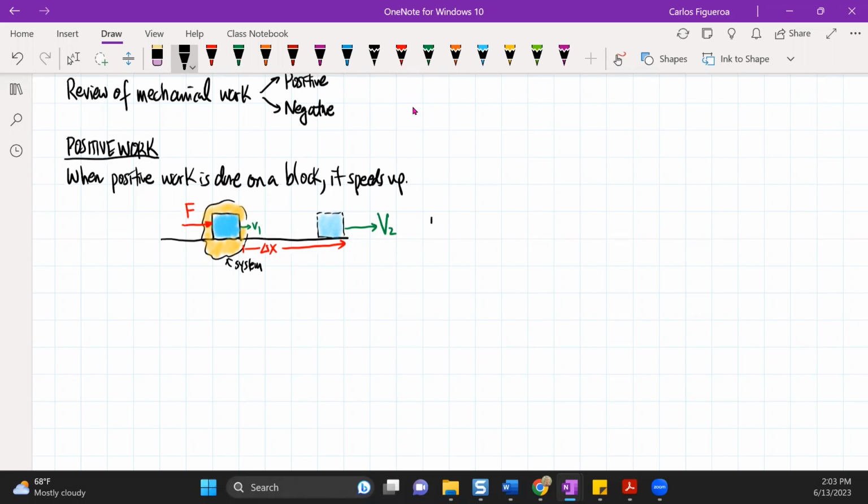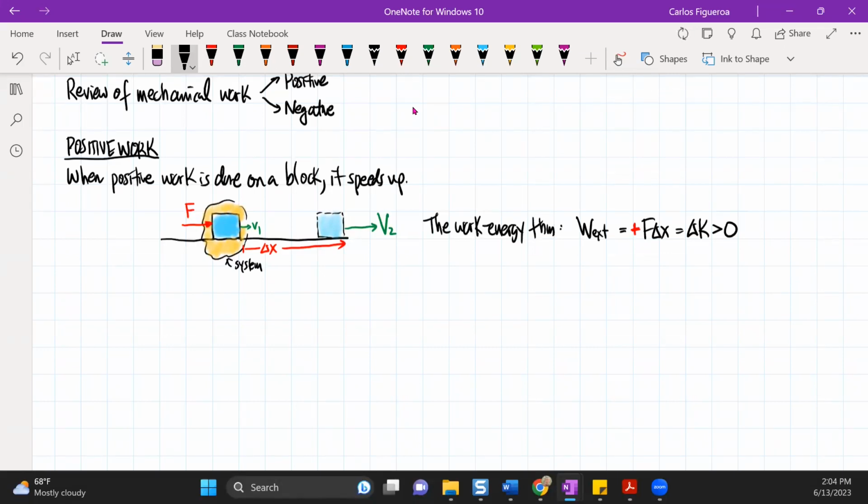So the work energy theorem says that there's external work done on the system. In this case, that work is positive because the displacement and the force were in the same direction. Therefore, the kinetic energy of this block increases.